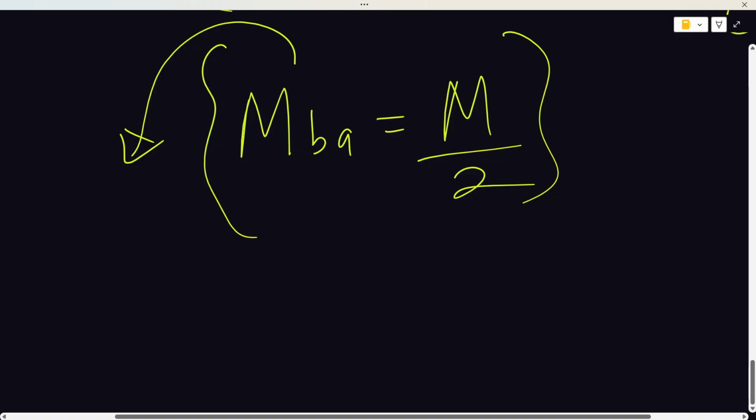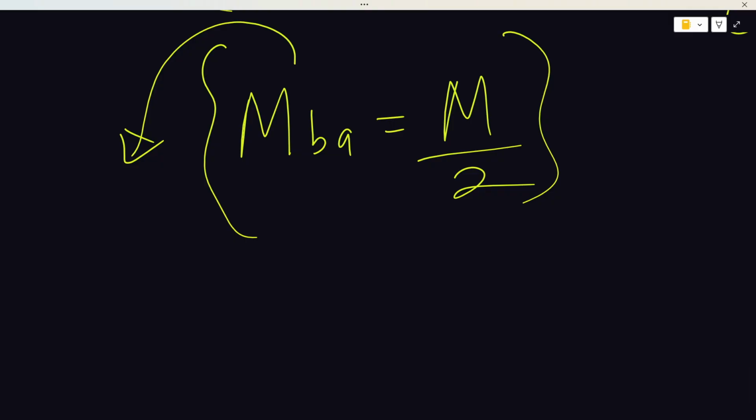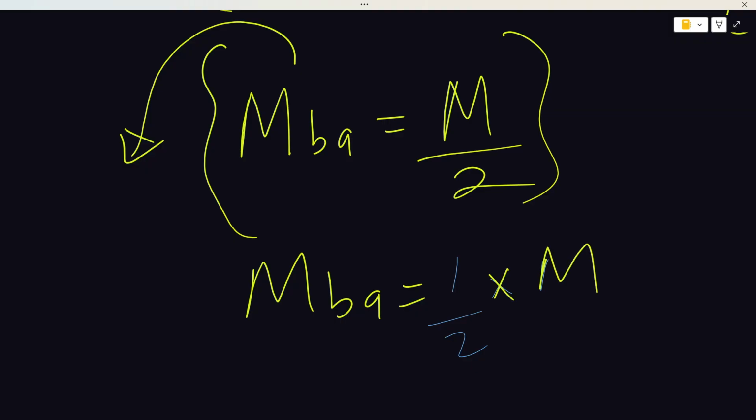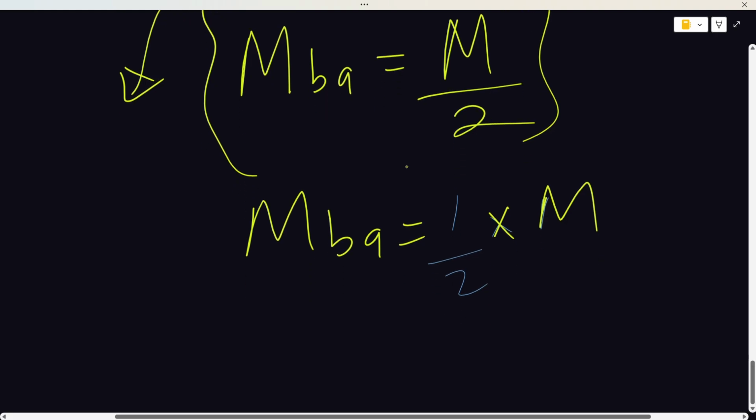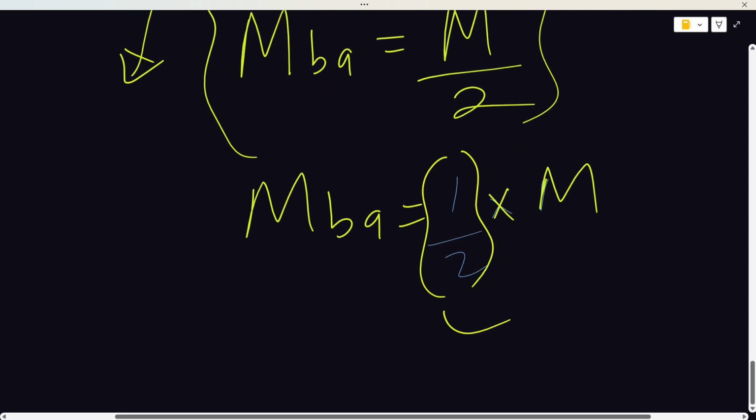So based on this, we can see that there is a factor of multiplication of the applied moment at A in order to get the moment at B, considering member AB, that is MBA. And that factor is basically half. MBA is equal to half times M. This factor is called the carryover factor.